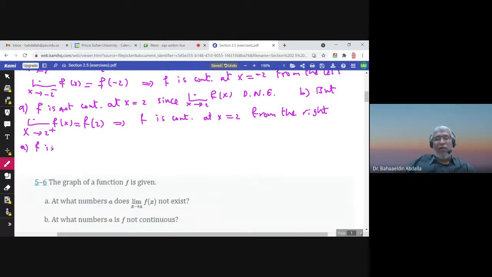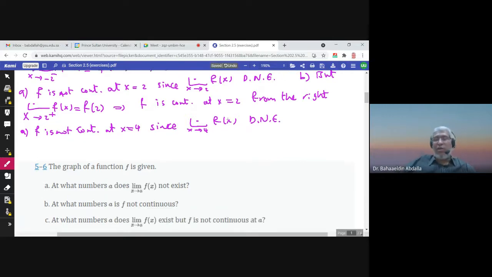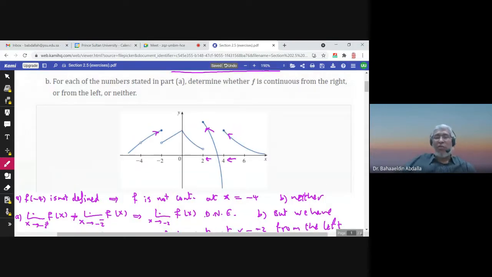So f is not continuous at x equals 4 in general, since the limit of f of x when x approaches 4 does not exist, because the limit from the right is not equal to the limit from the left. From the left, even it goes to negative infinity.